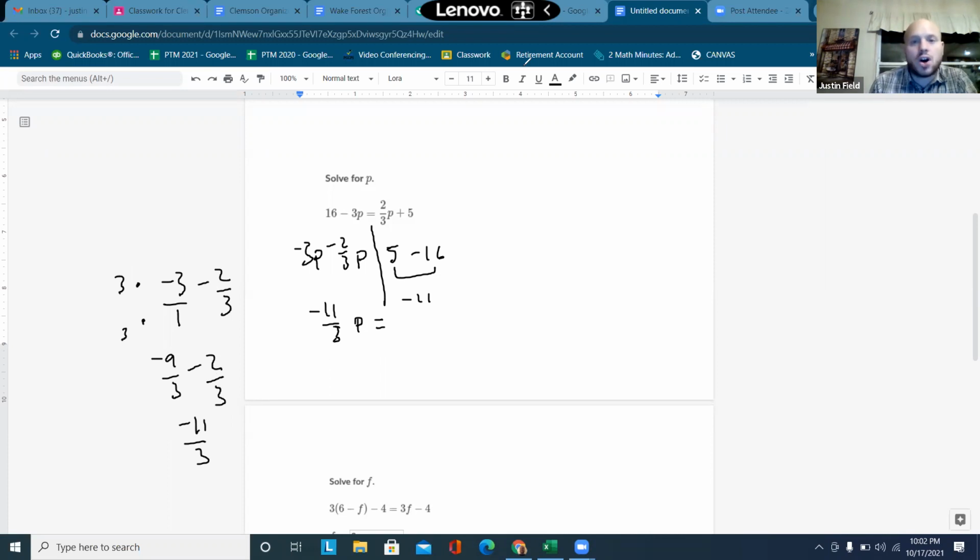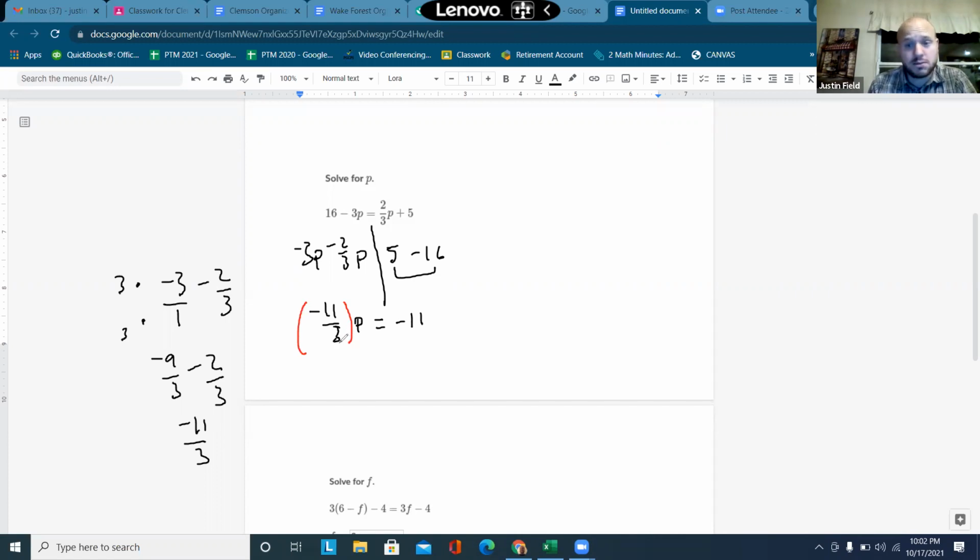All right, so what we can do is divide both sides by negative 11 over 3, or we can multiply by the reciprocal, which is something that I like to do when there's a fraction coefficient. What is a reciprocal anyway?